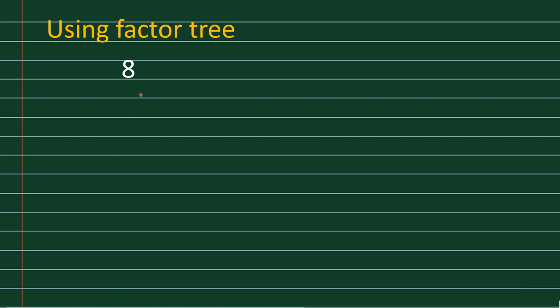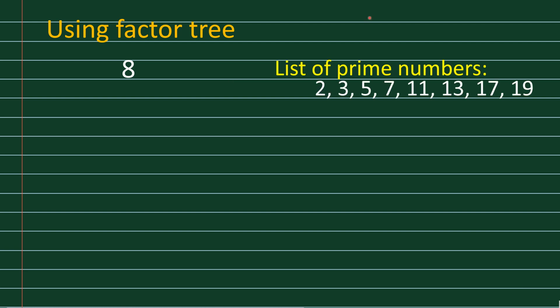Let's factor 8 using a factor tree. First, let's list down the prime numbers from 1 to 20. So we have 2, 3, 5, 7, 11, 13, 17, and 19.